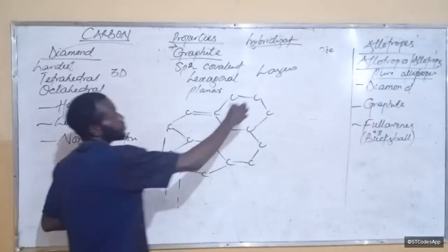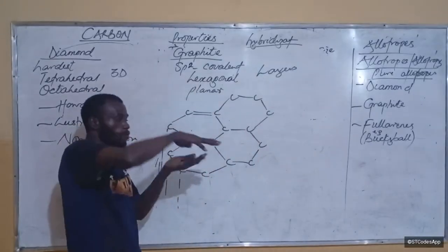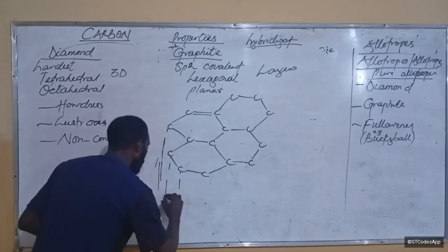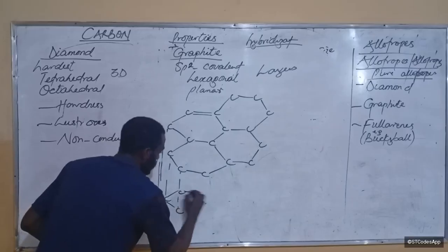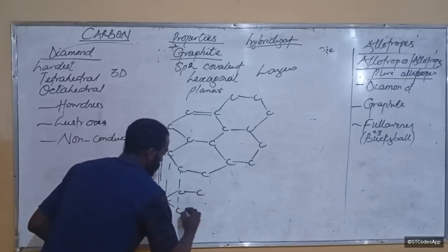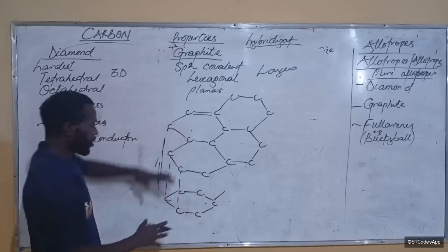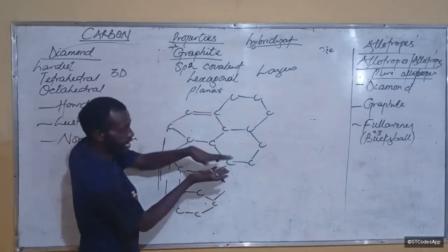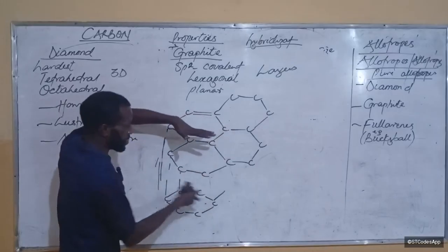Is that clear? So I said they form themselves in layers. So this plane will be on another layer of carbon to carbon to carbon, like that. This one is above, this one is below. Is that clear? So if I flatten it, then I have another layer here.